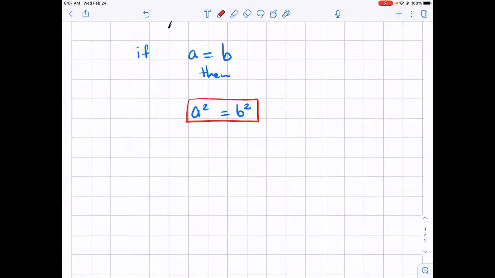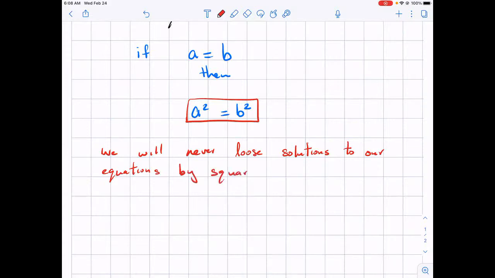So we never lose the solutions to our equation by squaring both sides, right? We never lose solutions to our equation by squaring both sides.